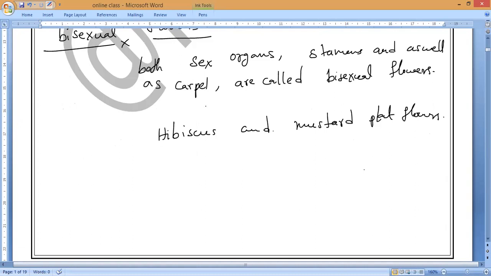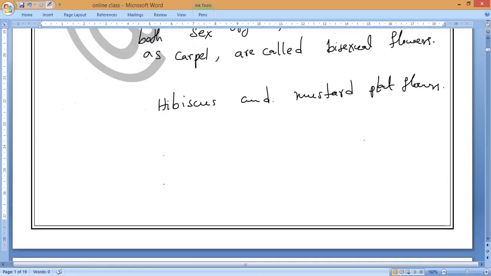Now you can see this is all about the parts of the flower. The next concept we are going to study is this: what is the ultimate goal of sexual reproduction in plants, guys? They need to produce new offspring, but in the form of what?